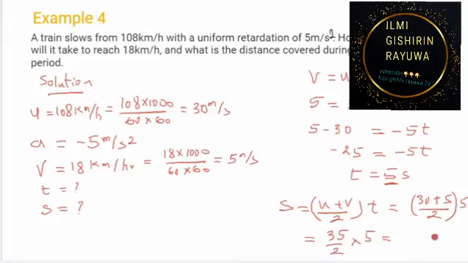When you multiply 35 times 5 divided by 2, you are going to get 87.5 as our answer in meters. Don't forget to put your units. All right, that becomes our answer, 87.5 meters.